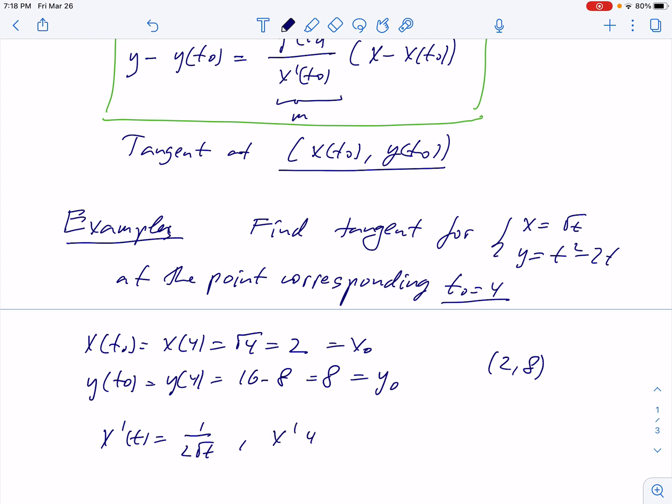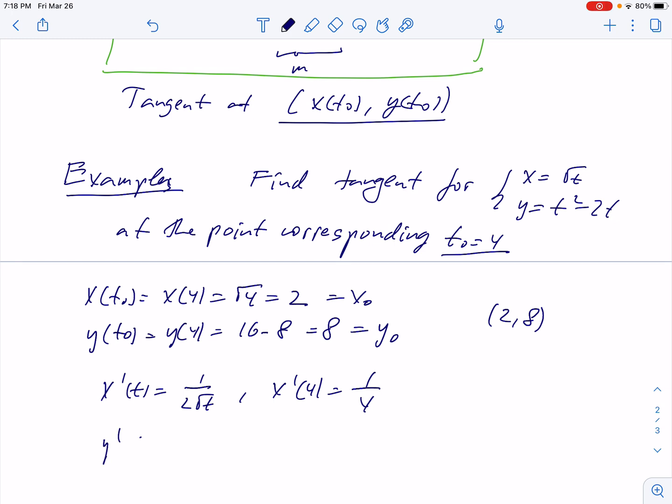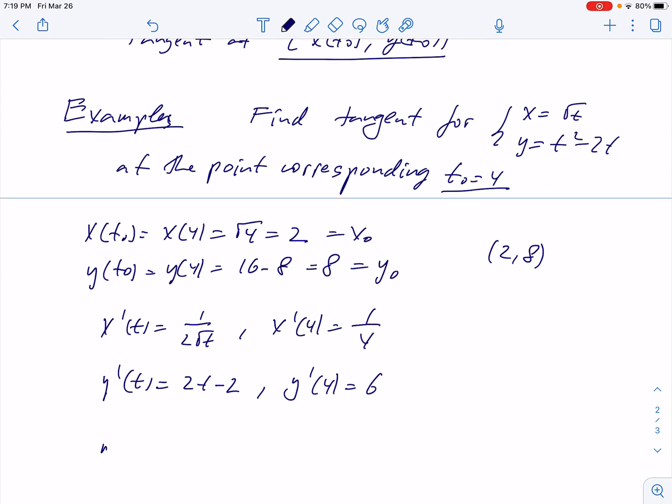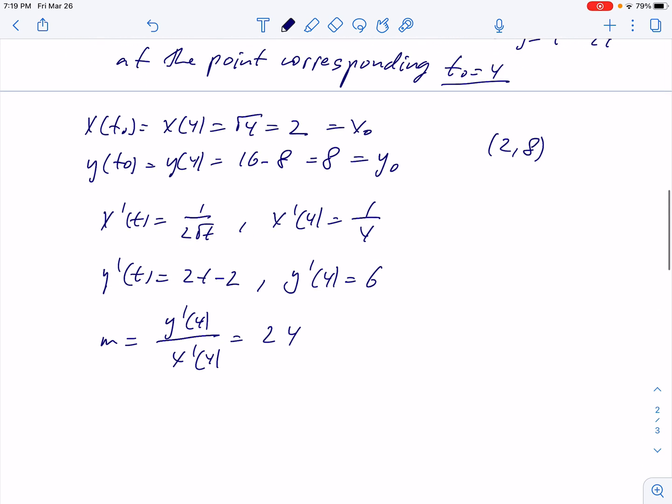So x prime of 4, 1 over 2 root of 4, is 1/4. y prime of t is 2t minus 2. y prime of 4 will be 8 minus 2, 6. So the slope m will be y prime 4 divided by x prime 4, which is 6 divided by 1/4, which is 24. You multiply 6 by 4.